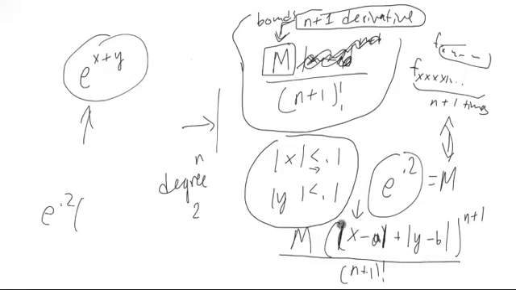What we're requiring is just 0.1 plus 0.1, so we really just have 0.2. That makes matters so much nicer. So we just have 0.2 raised to the third power, because 0.1 plus 0.1, right? And then we put that all over 3 factorial, and really that's the bound.